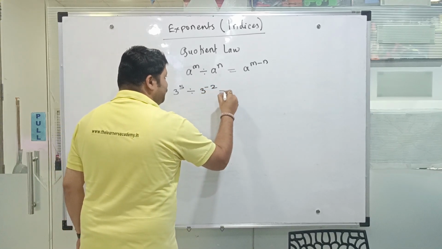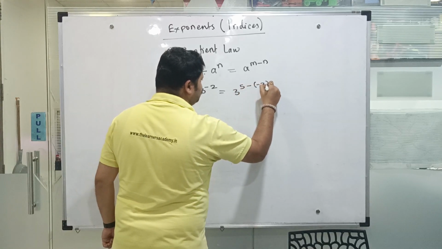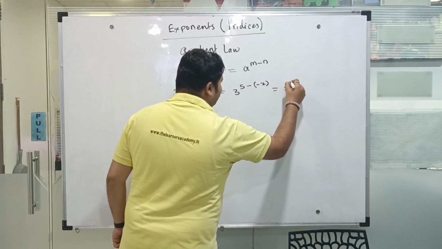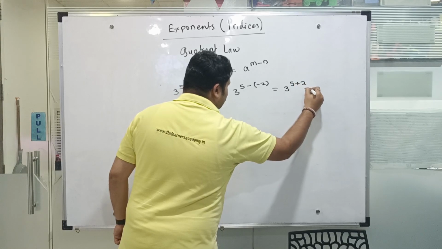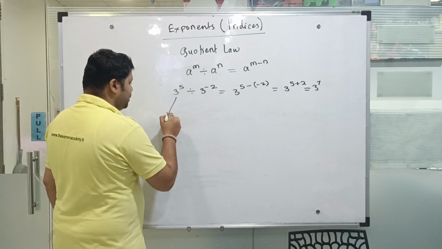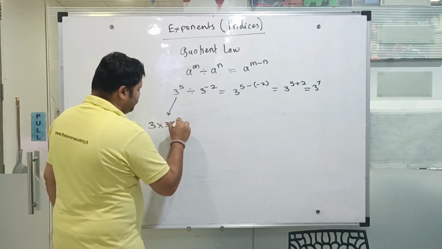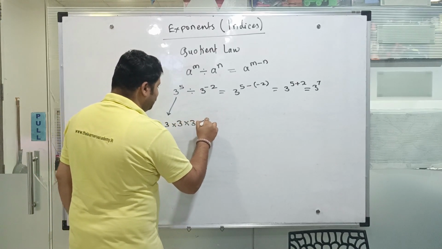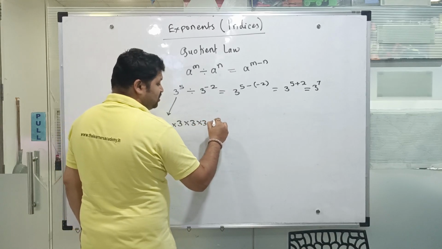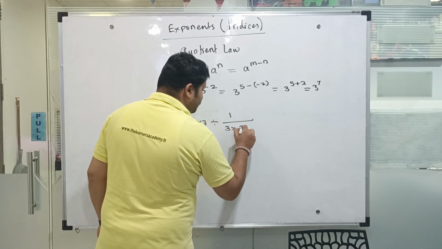So by my formula it should be 3 to the power of 5 minus minus 2, so that is 3 to the power of 5 plus 2, so that is 3 to the power of 7. If we get the elaborate form, we'll have it as 3 multiplied by 3 multiplied by 3 multiplied by 3 multiplied by 3, 5 times divided by 1 upon 3 multiplied by 3.